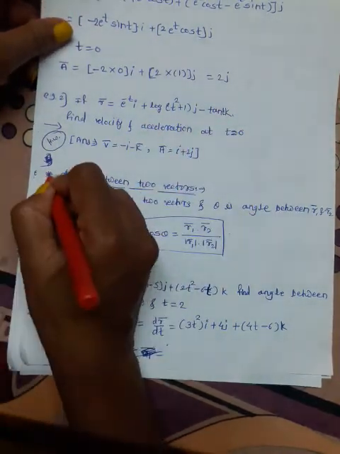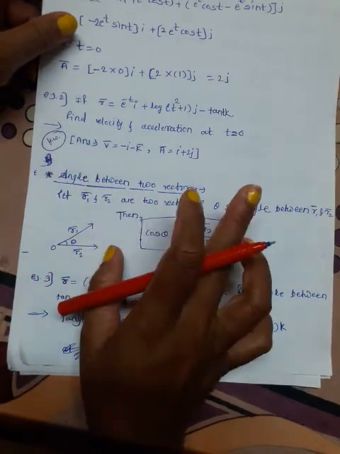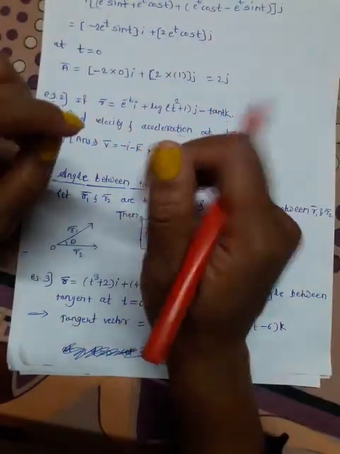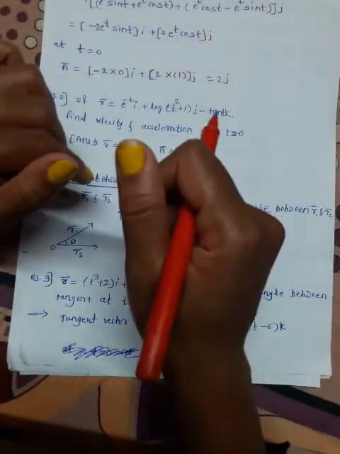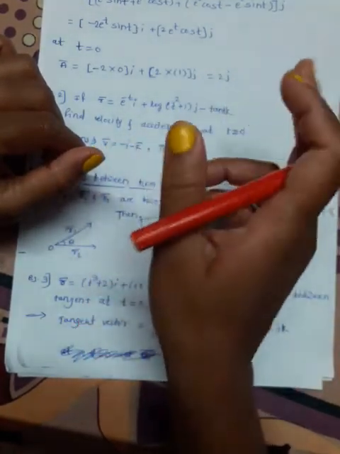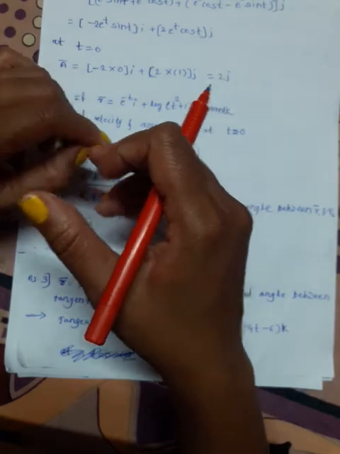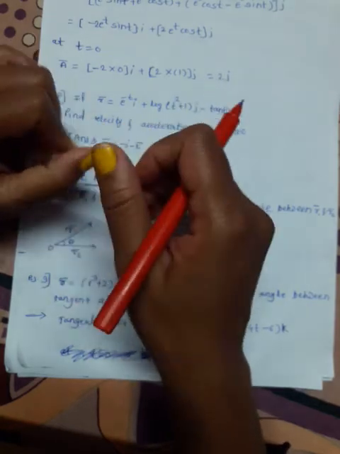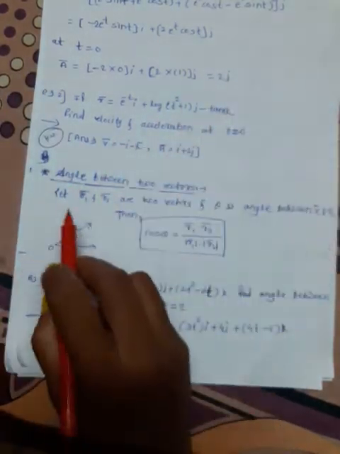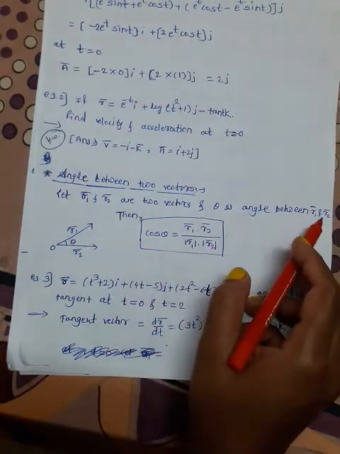Now the next step is to find the angle between two vectors. Suppose two vectors are there, they are not parallel, and they are intersecting with each other at a particular point with angle theta. If we know both the vectors r1 bar and r2 bar, then we can calculate the angle between those two vectors. Let us start with the definition. Let r1 bar and r2 bar be the two vectors, and theta the angle between them.